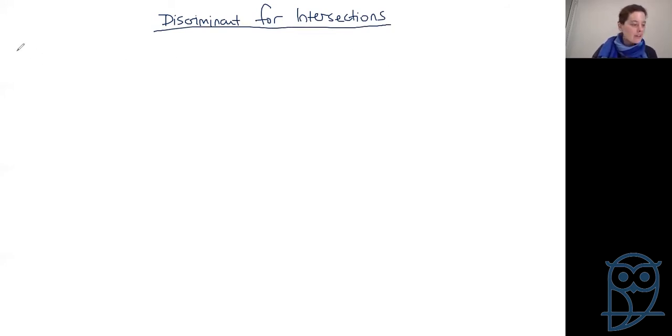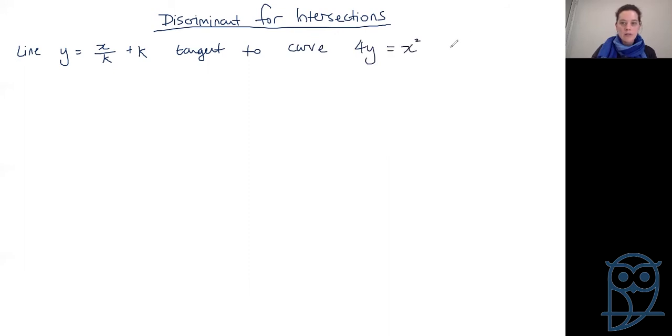Paraphrasing, we have a line y equals x over k plus k, which is a tangent to the curve y equals x squared over 4 at P. They want to know the value of k, and they want to know the coordinates of P.